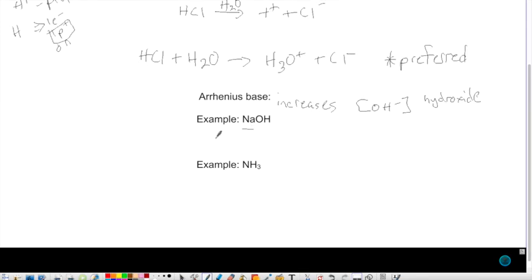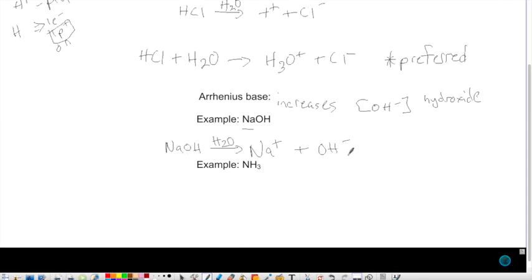Now for the metal hydroxides, we are always just going to write them as dissociation reactions, and I'll show you why in a moment. You just have to remember that these metal hydroxides you always treat as a dissociation reaction rather than the preferred, what we're going to call a proton transfer reaction.